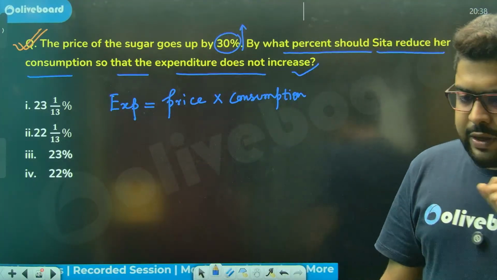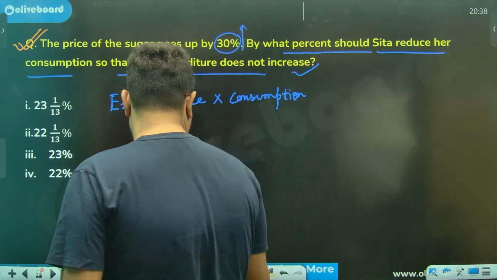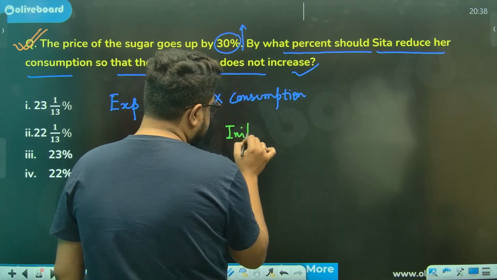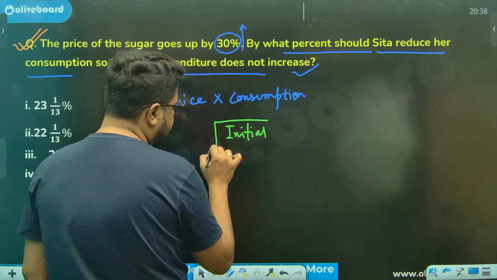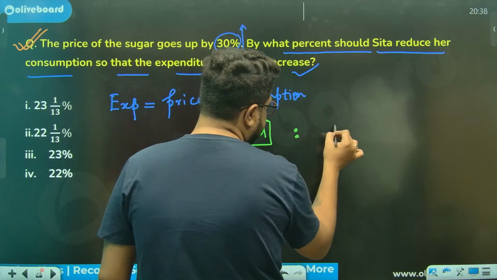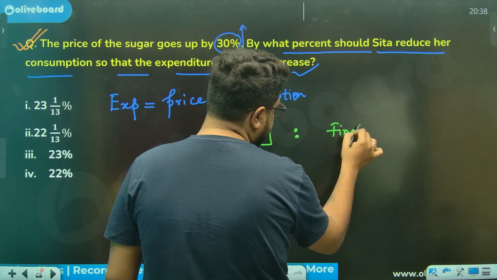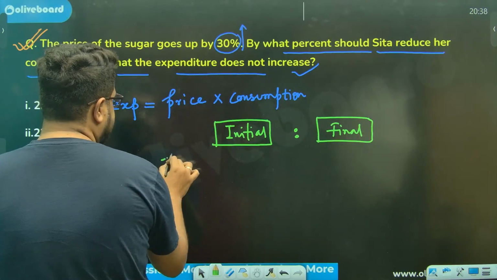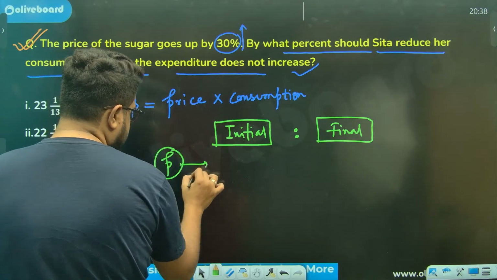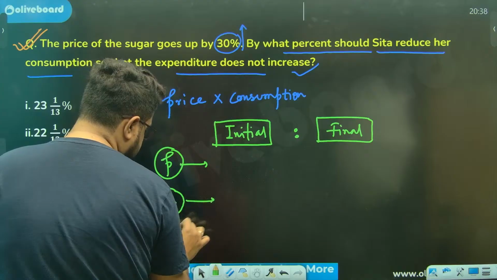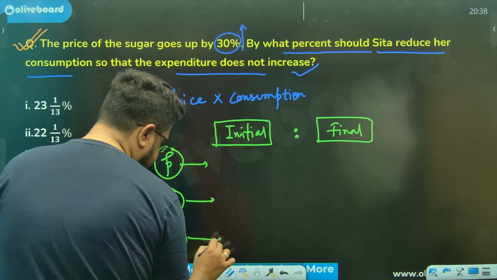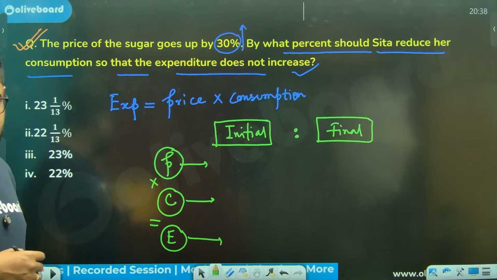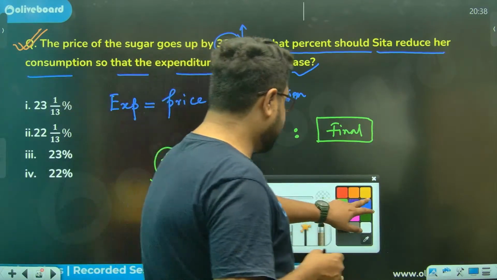So if I know that, I will just take a simple thing: initial values, ratio, final values. Price, consumption, and expenditure. I've just taken three heads. We know price into consumption is equal to expenditure.